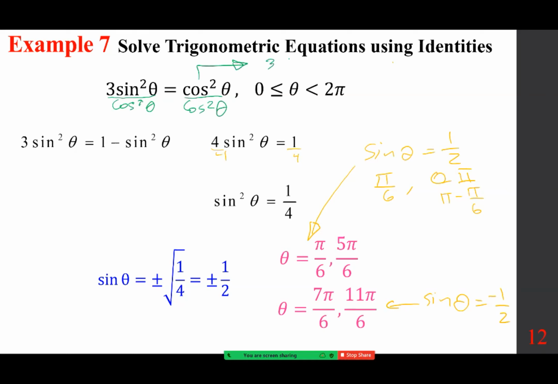That results in 3 tan squared equals 1. And you can solve this equation. Try it at home. Sometimes we have more than one method.